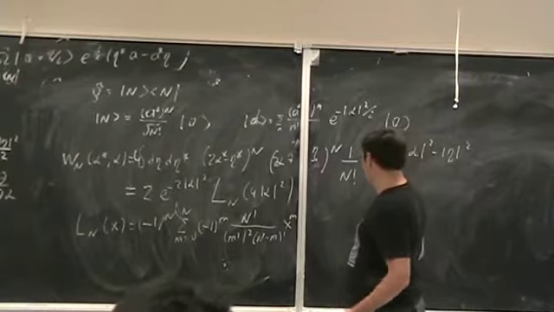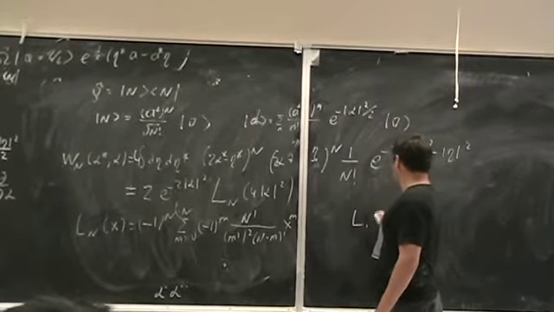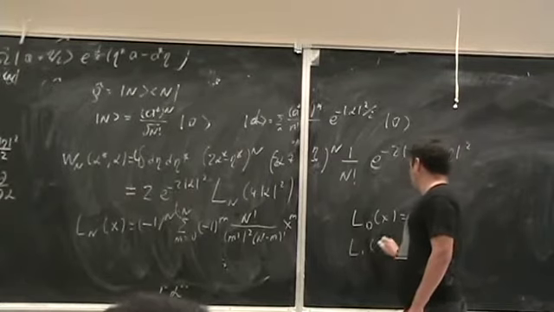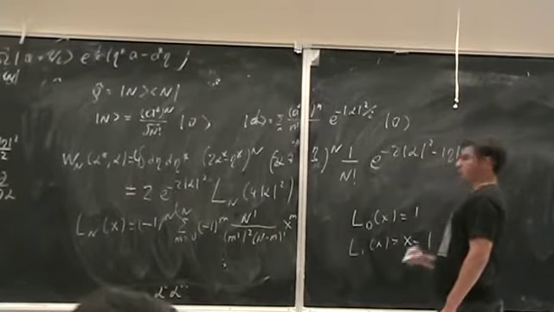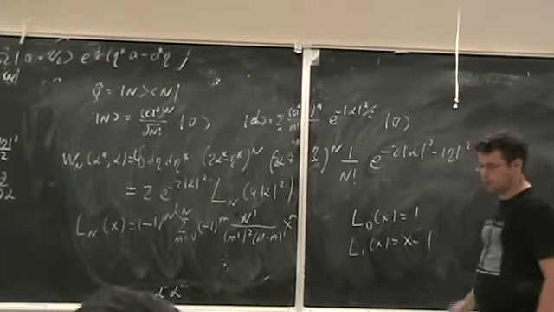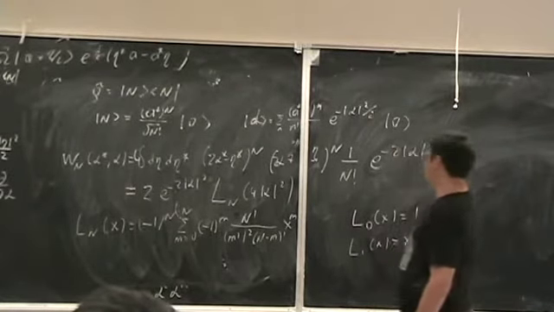So just to give you a few examples, L0 of x is just 1, and L1 of x is just x minus 1. There are, by the way, different conventions, whether it's 1 minus x or x minus 1, but it doesn't matter.